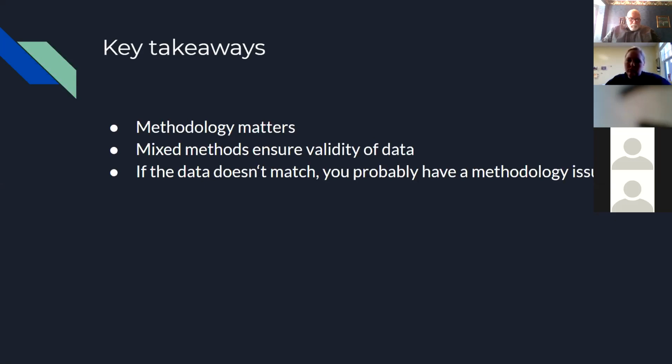So while we did have some consensus in the quantitative side, when we looked through those comments, it was clear that team was dysfunctional. And if the data doesn't match, you probably have a methodology issue like we talked about. So redoing the Likert scale and rethinking some of those qualitative questions will get us to the real heart of how we're going to get better.